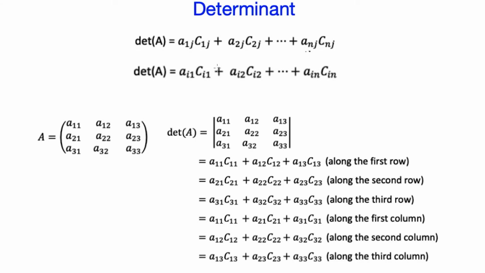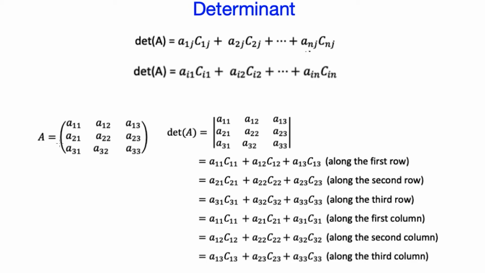So once we get the cofactors for matrix A, we can get the determinant by the sum of the products of each entry. So we will go with one row or one column. For example, if we have this matrix, we will go with this row times their corresponding cofactors.